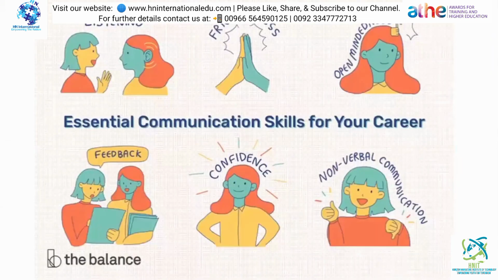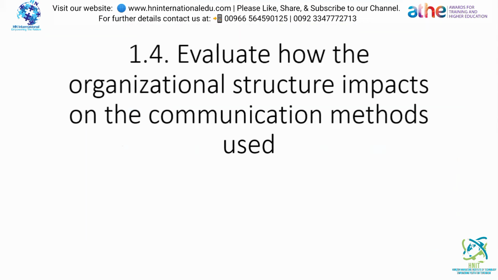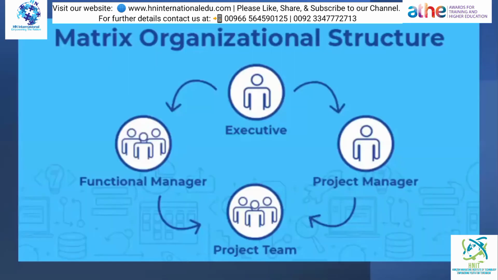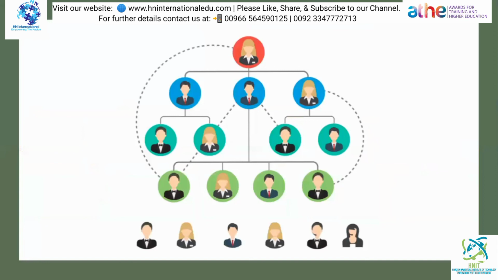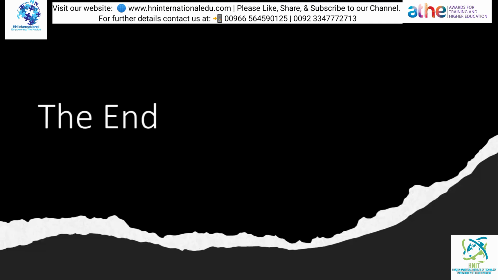All these things that we have discussed help to make communication better and easier. So this is all for today, and I hope that you guys are able to understand this lecture. Thank you.